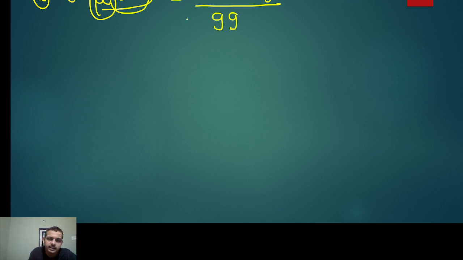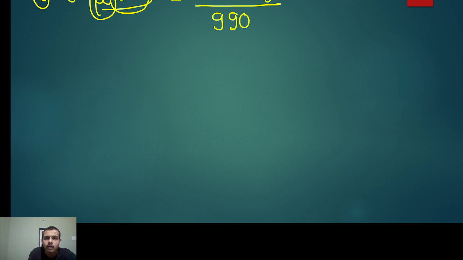Study the next example: 0.255 bar. When there are 2 digits with the bar, write the number 255 in the numerator, and minus the number which doesn't have the bar, minus 2, divided by 9 for each digit that has the bar, and 0 for the digit that doesn't have the bar.